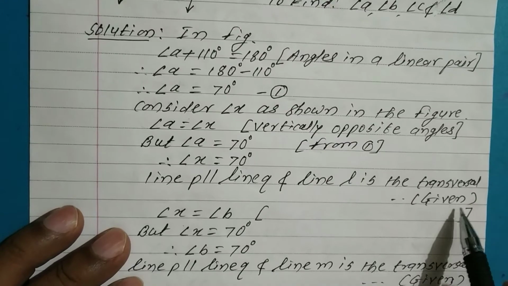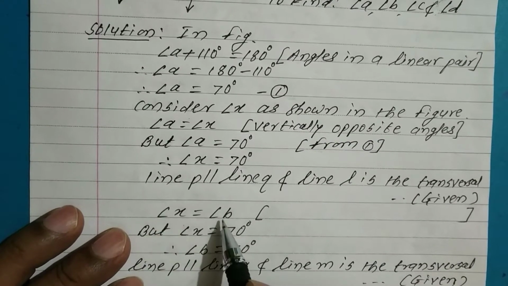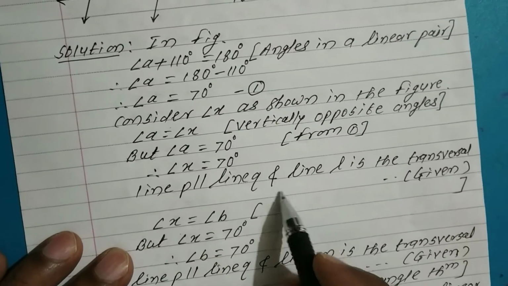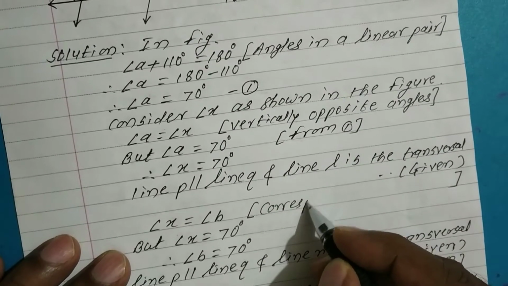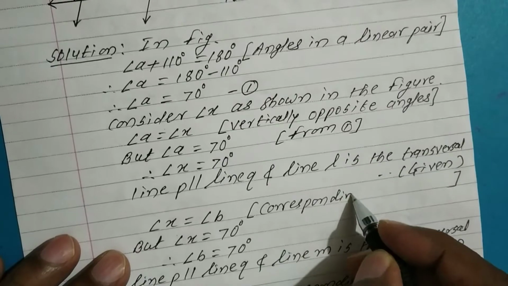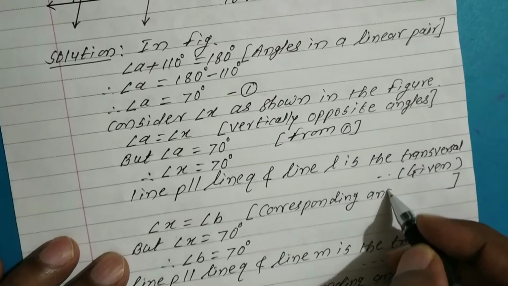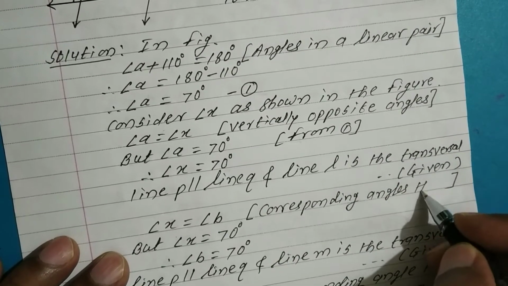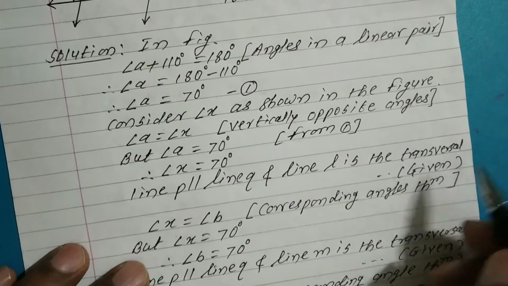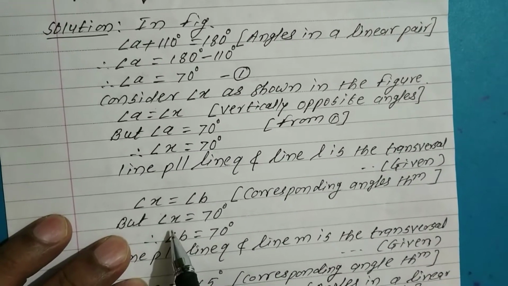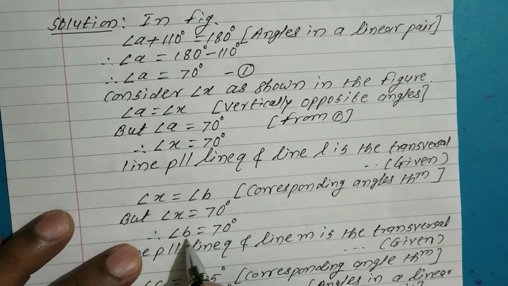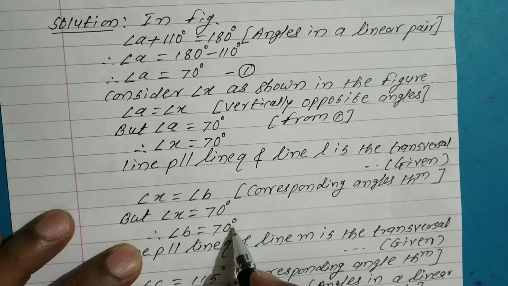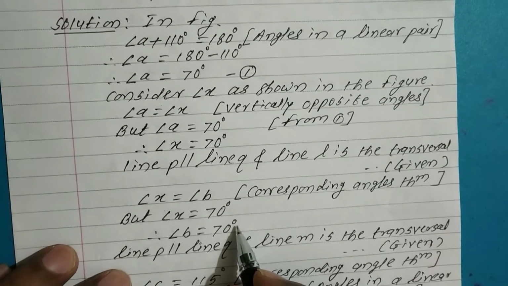This is given. Therefore angle X is equal to angle B by corresponding angles theorem. But measure of angle X is equal to 70 degree. Therefore angle B also 70 degree. Angle B is equal to 70 degree.